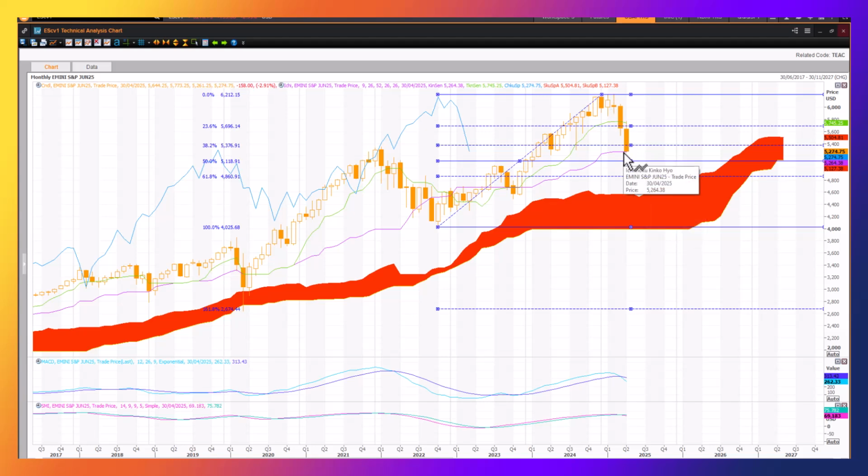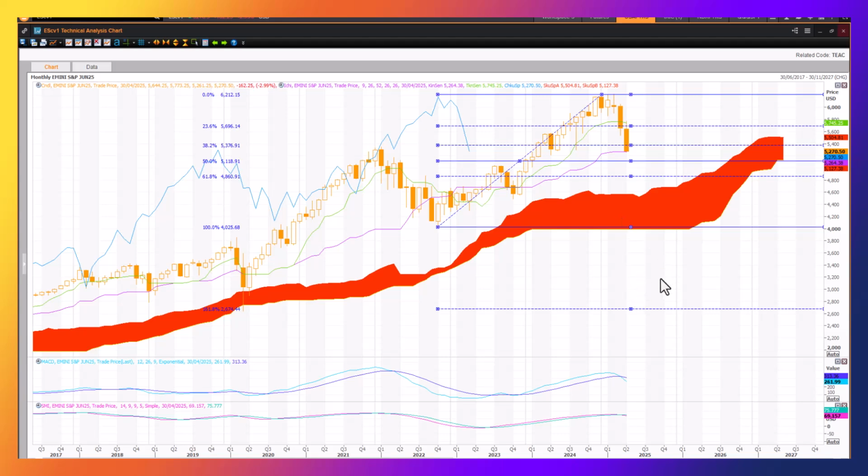So from a monthly cloud chart analysis, we are getting close to a major support zone between the 38 and 50% Fibonacci retracement, this 5118 zone. We're below the 5376. We're roughly at the turning line of the cloud, 5264 there, and then there's still downside risk to 5118 on the monthly Ichimoku.